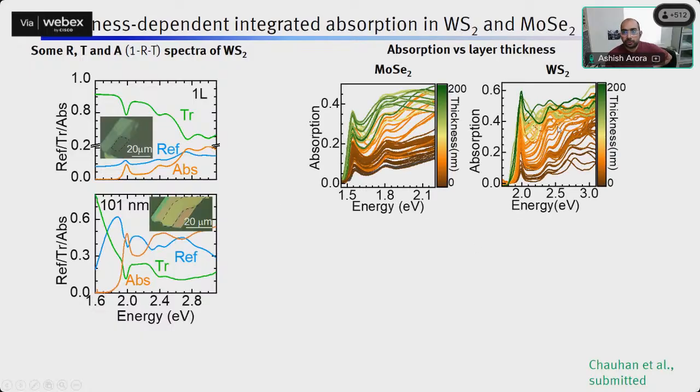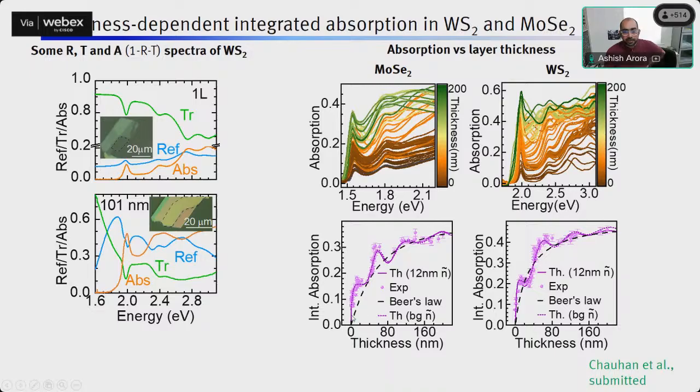For example, we had two materials, MoS2 and WS2, and lots of absorption spectra for various thicknesses were measured, and then this curve is plotted. The experiment falls directly on the curve which we had predicted in the previous slide by just taking care of interferences. Now, the point is, this has never been tested earlier. The reason is probably that these samples are layered materials, and people have not worked on such problems on layered materials.